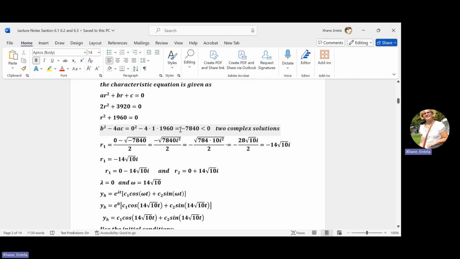So 0 squared minus 4 times 1960 equals negative 7840, which is obviously less than 0. Then we know we have two complex solutions, r1 and r2.